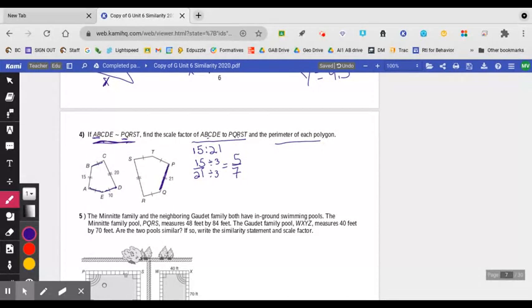That's what that little tick means, which means they're all 10. So the perimeter of ABCDE is equal to 10 plus 20 plus 10 plus 10 plus 15, because I add all the sides together.